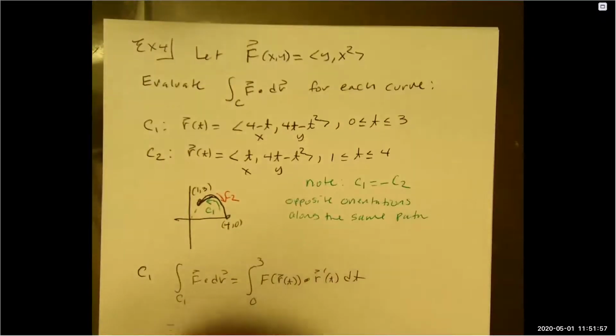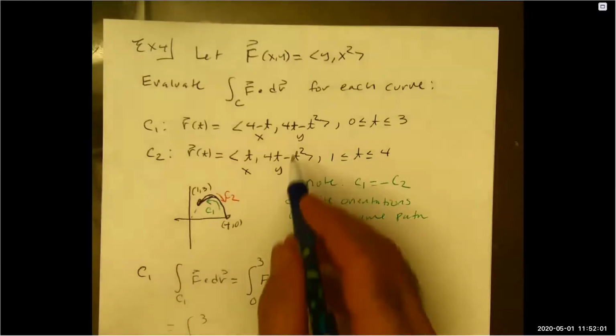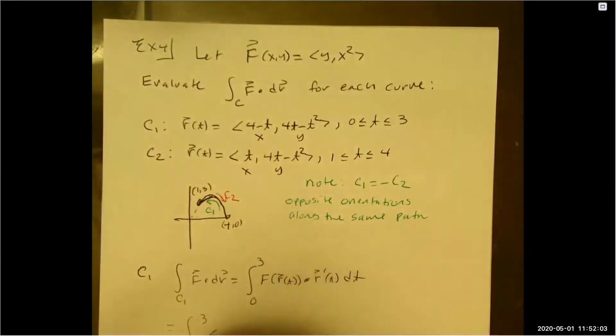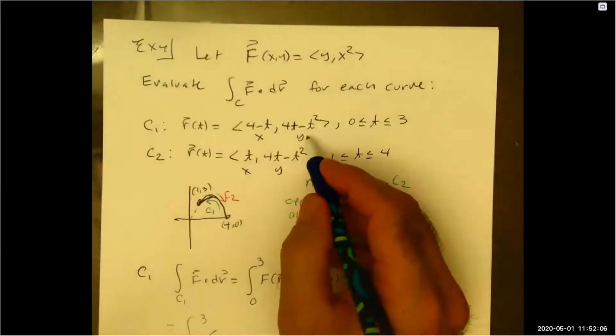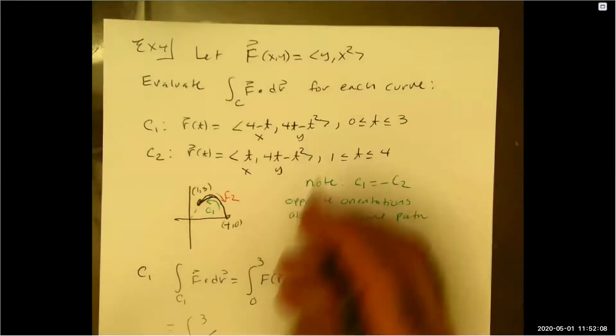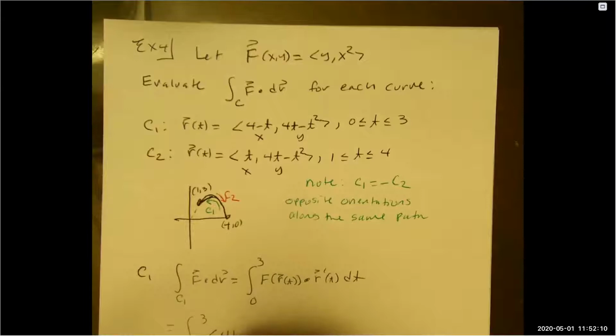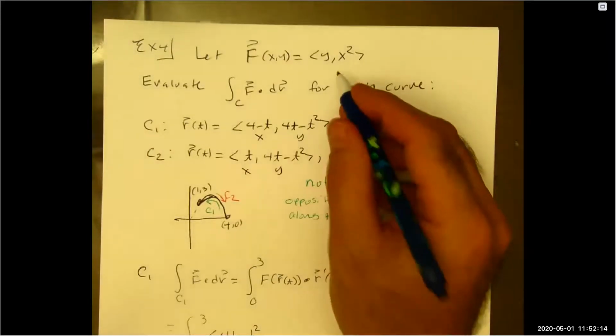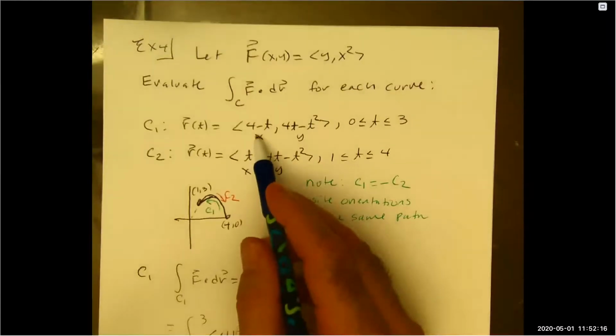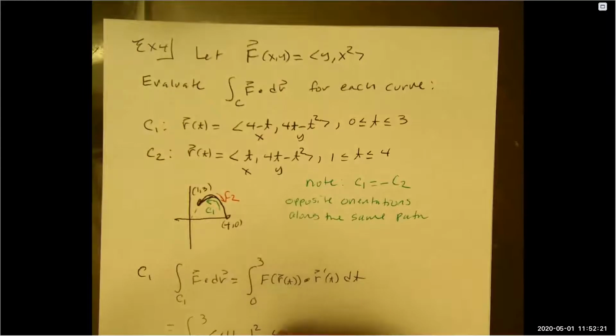So in this case, we're going to have the integral from 0 to 3. The y was the 4t minus t squared, so we're going to have the 4t minus the t squared. And then we have the x squared. The x is 4 minus t, so we're going to have 4 minus t squared.